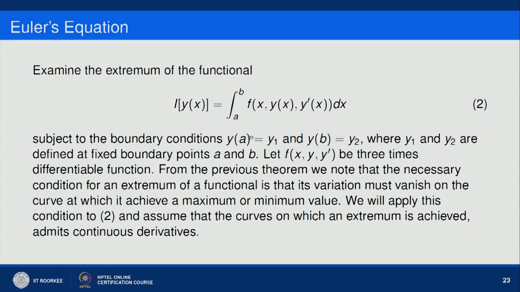Here we are assuming certain conditions on this f. We are assuming that f of x, y, y dash is a 3 times differentiable function. In fact, if we take a 2 times differentiable function, then it is quite okay, no problem. And here we have seen from the previous theorem that the necessary condition for an extremum of a functional is that its variation must vanish on the curve at which it achieves a maximum or minimum value.